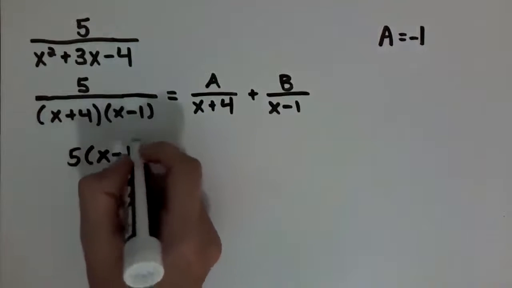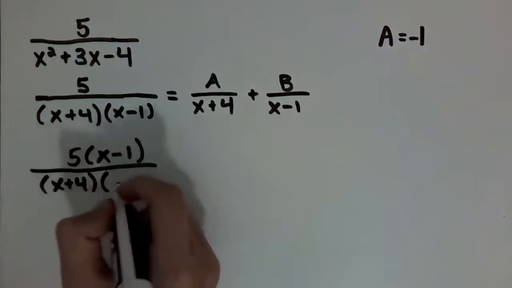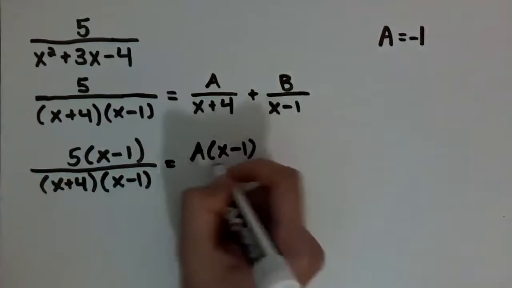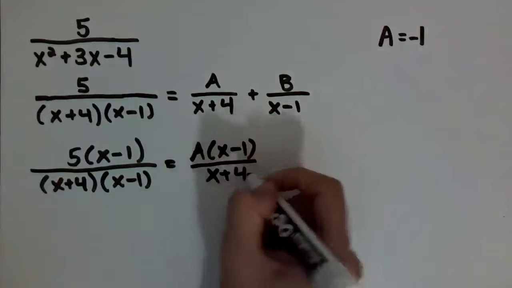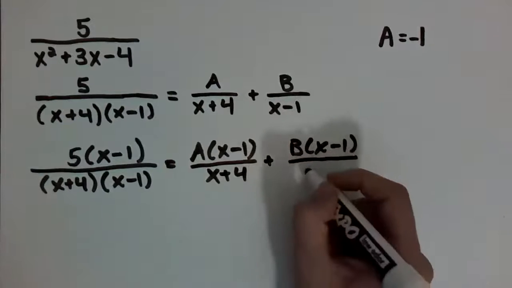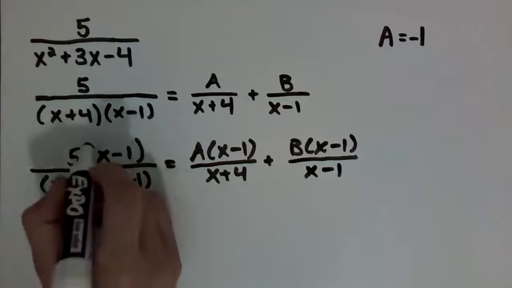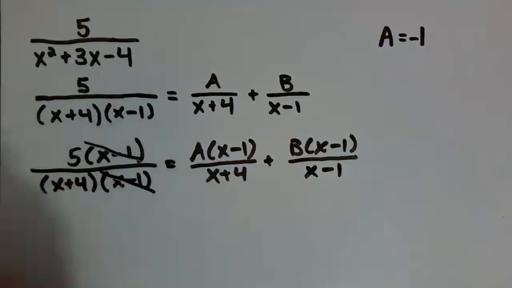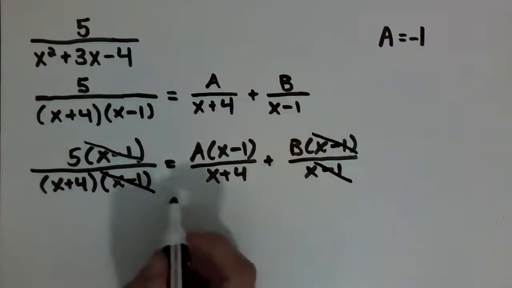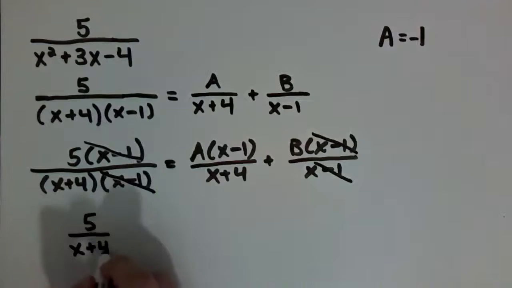So we should get this. And again, we see terms cancel here, x minus 1 in the numerator and x minus 1 in the denominator. And here again in the numerator and in the denominator. Okay, so rewriting, we find this.